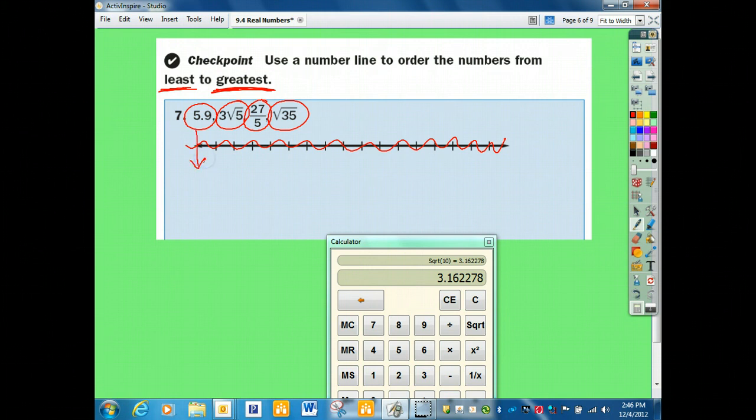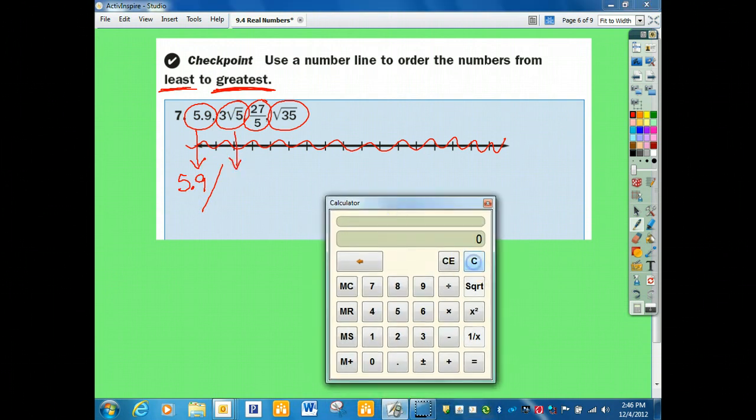So, oh, that one's done for us already. It's 5.9. Now, how do I turn that one into a decimal? You have to do the square root of 5 and then times it by 3. Excellent. Take the square root of 5 and I get this, and now take that times 3, and I get 6.708. I'm going to stop after the thousandths.